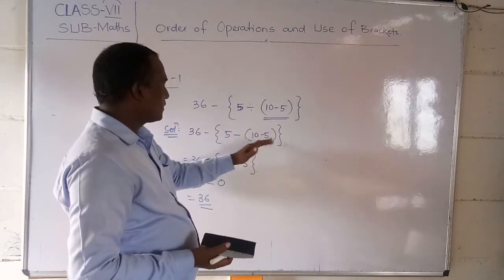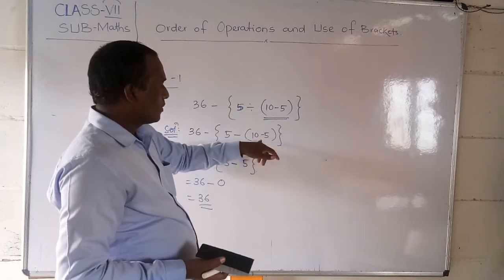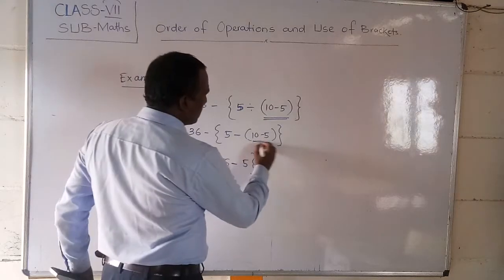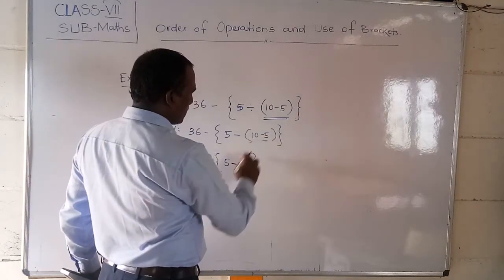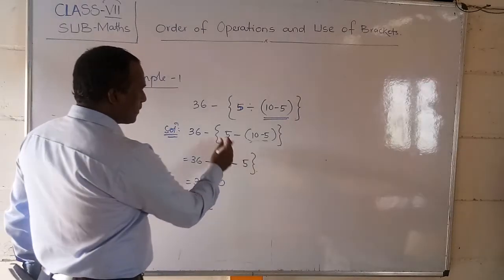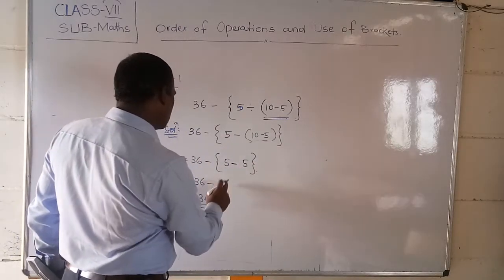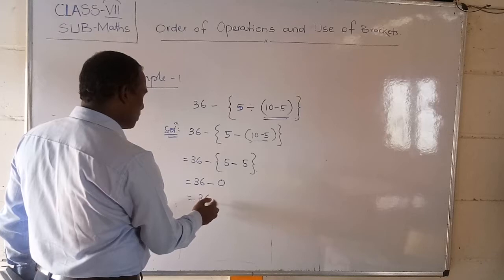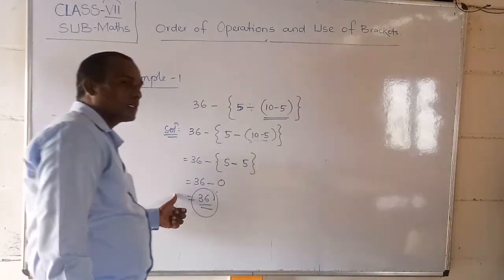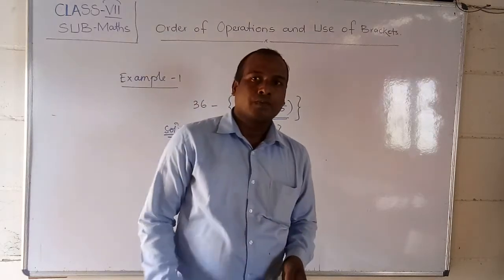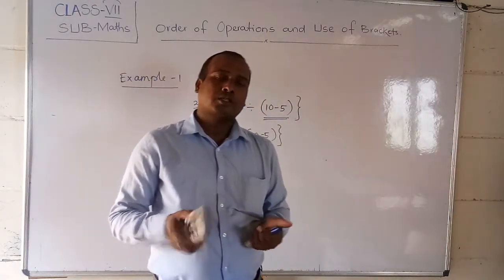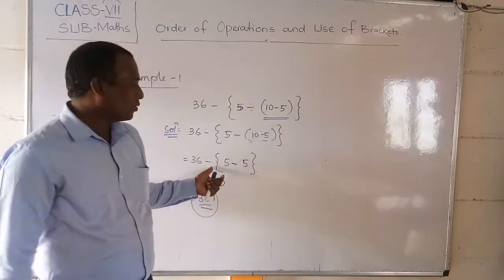Solve inside the round bracket, so 10 minus 5 first. The other parts remain as usual. So 5 minus 5 is equal to how much? 0. 36 minus 0 is equal to 36. This is how we open that bracket. Okay friends, you should do the rest in your textbook, practice this and remember it. Okay friends, thank you.